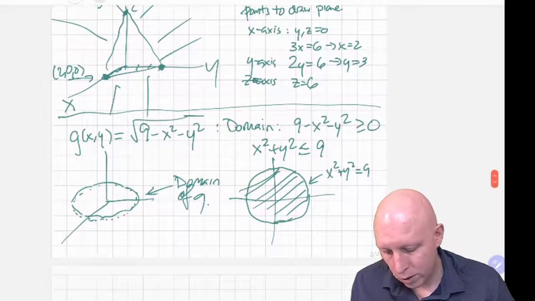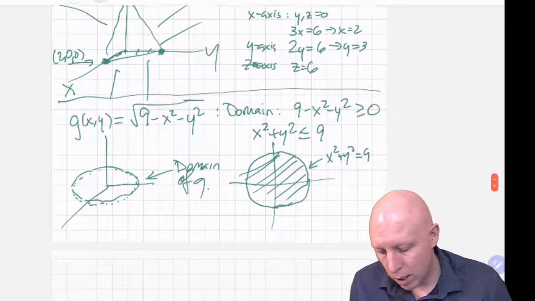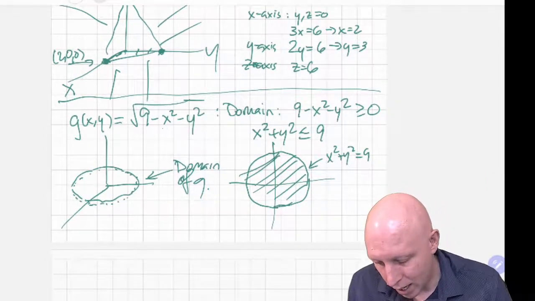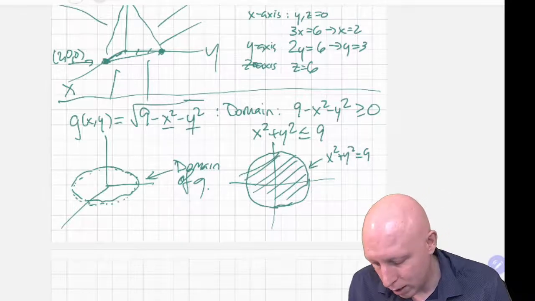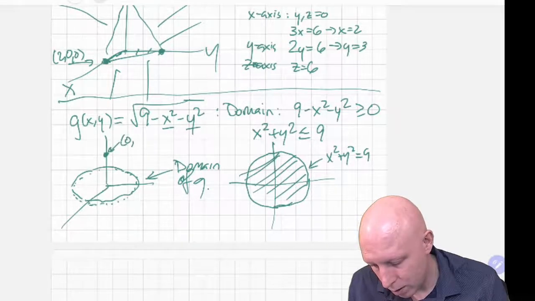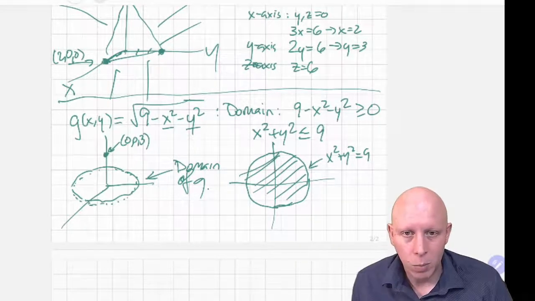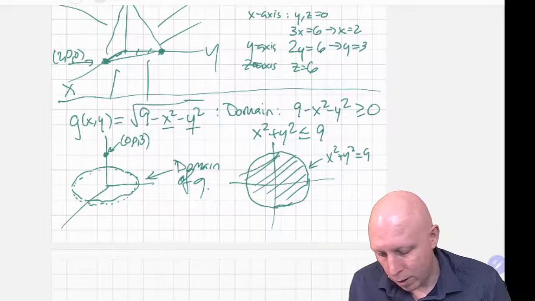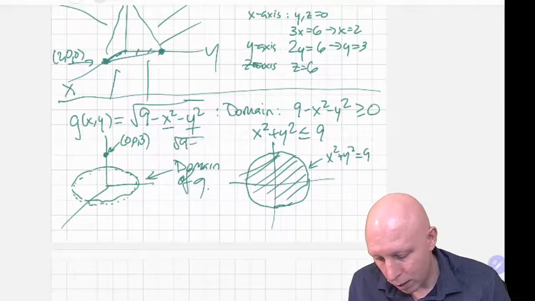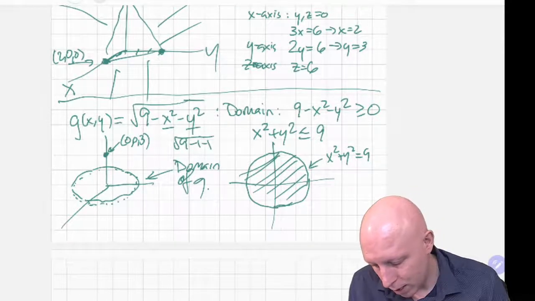All right, let's do one other. So we could start plugging in some points, right? We could plug in x equals 0, y equals 0. We get square root of 9. So 0, 0, 3 is a point. If we plugged in 1, 1, then we would get square root of 9 minus 1 minus 1, square root of 7.